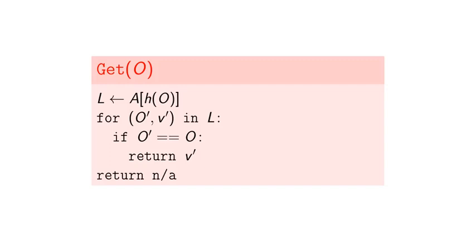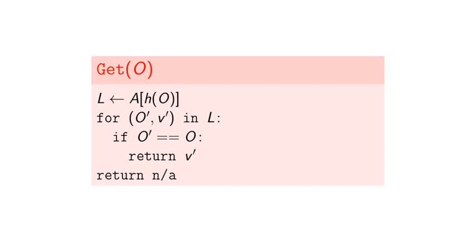Then we again go through all the pairs in that list L, pairs O prime, V prime, and if for some of the pairs O prime is the same as the object O for which we are looking, then we return the corresponding value V prime as the value corresponding to that object O. If we go through the whole list and we don't find corresponding pair, we return special value NA, which means that there is no value corresponding to object O in our map.